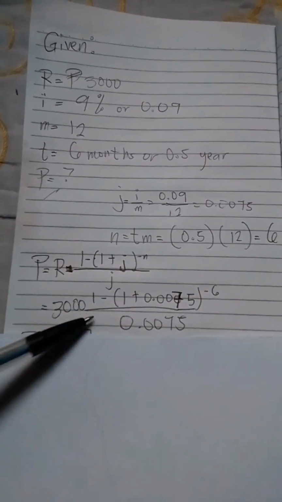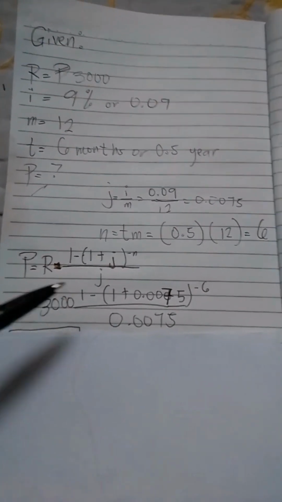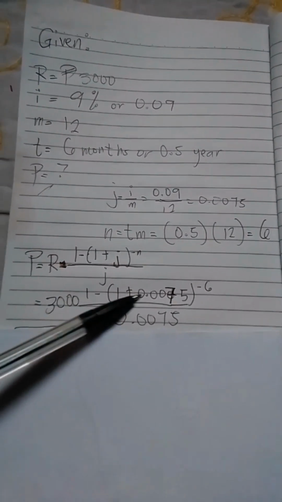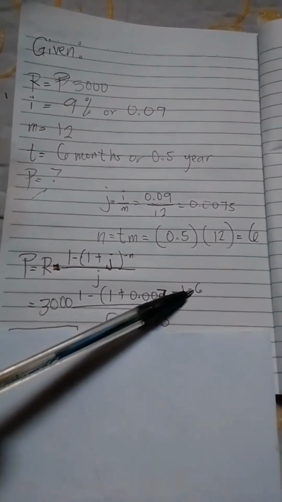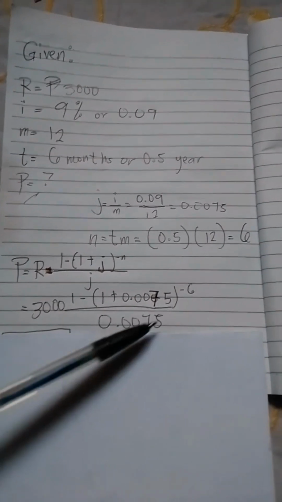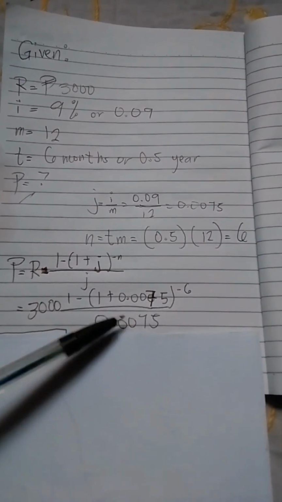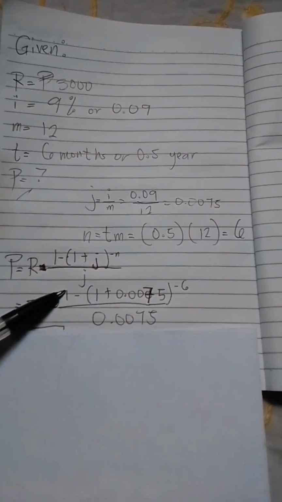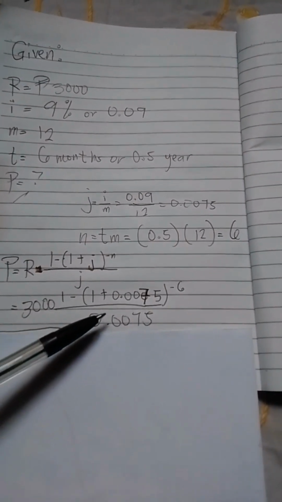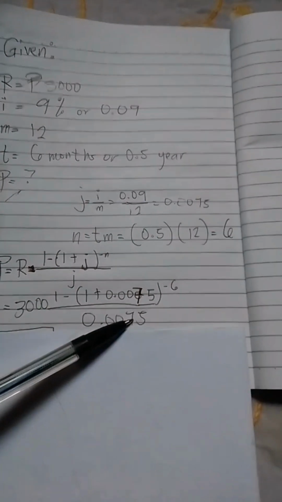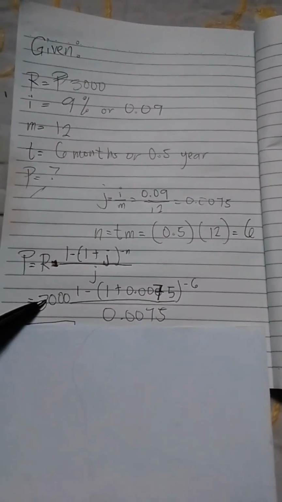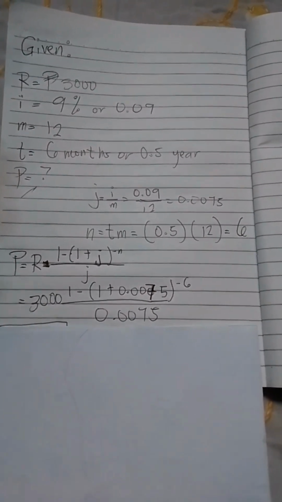So let's compute the whole. 1 plus 0.0075 raised to negative 6, then the result will be subtracted from 1. After that, divide by 0.0075 and then multiply by 3,000.